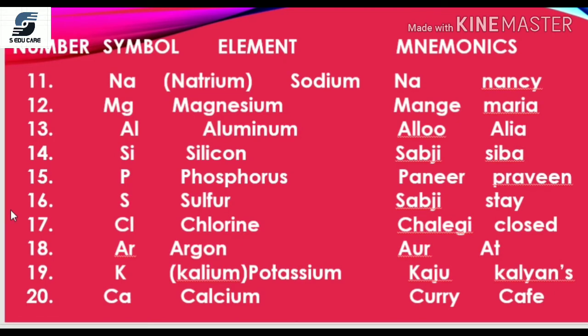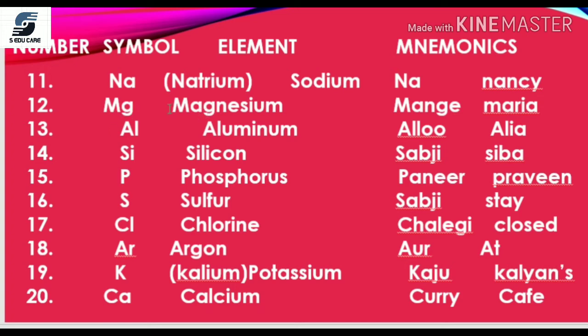Here is the atomic number and symbol from sodium to calcium. You could see the 11th element is sodium and its symbol is Na, because this Na comes from the Latin word. Okay, so mnemonics are here, you could see in English and in Hindi.